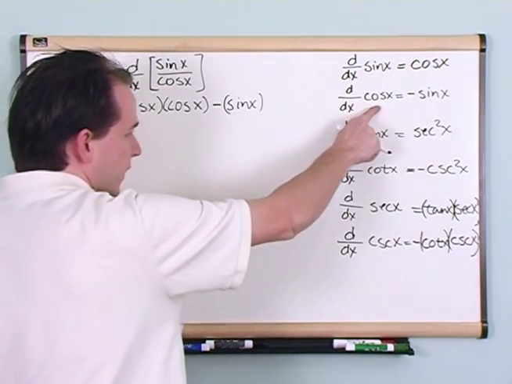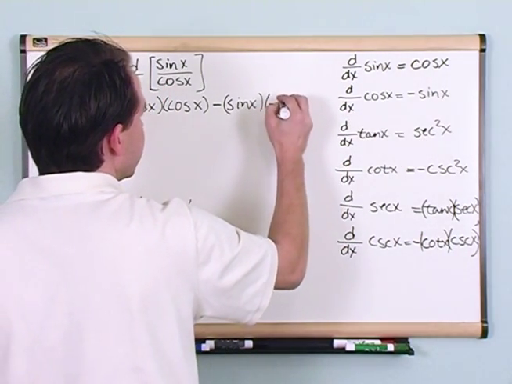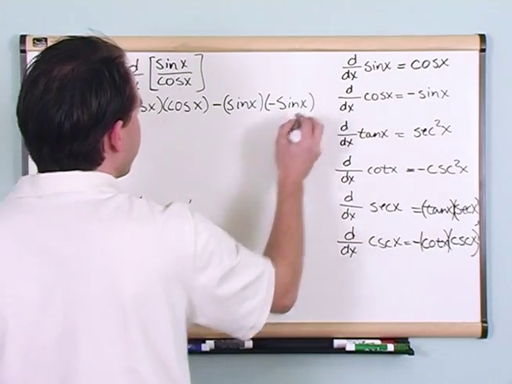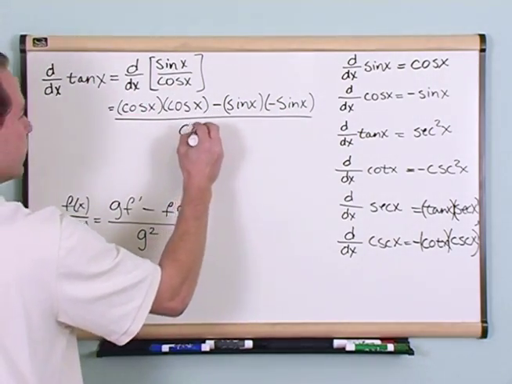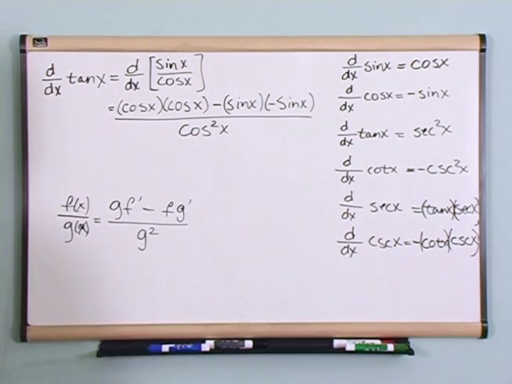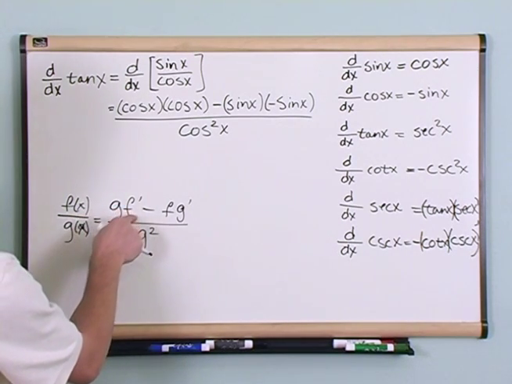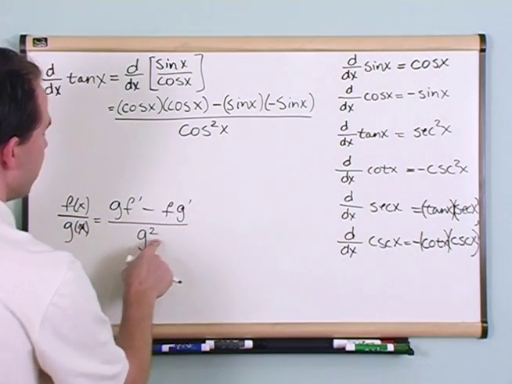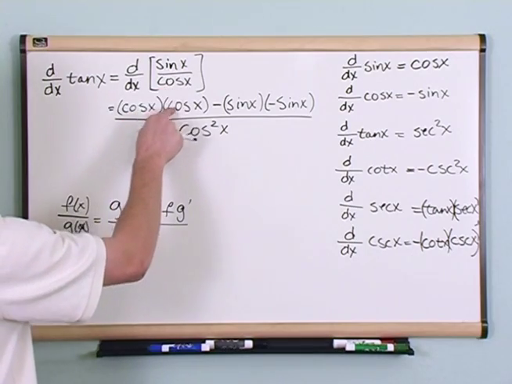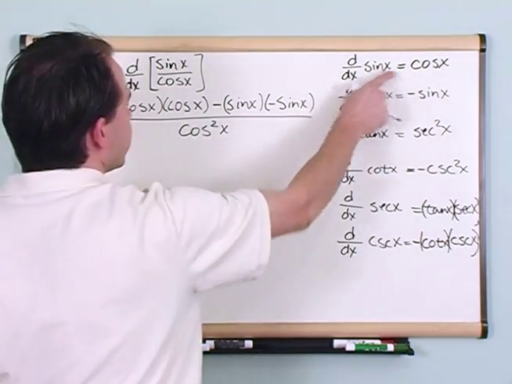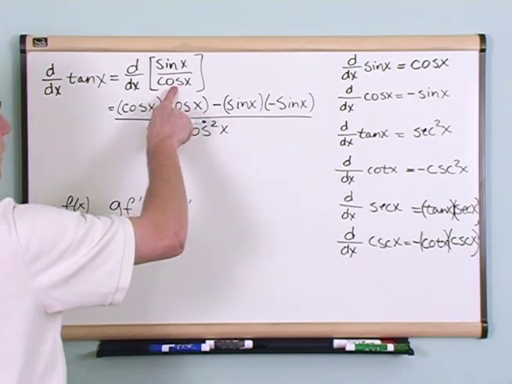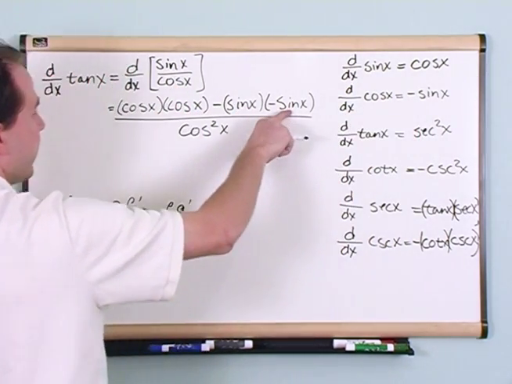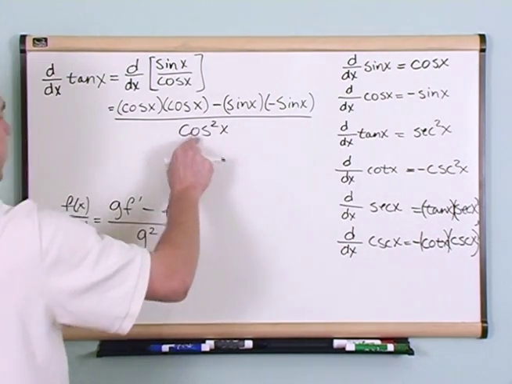The derivative of cosine is negative sine. So it's going to be negative sine here. And all of this stuff is divided by the bottom squared, cosine squared x. So just take a moment and make sure you're with me up to this point. Bottom times the derivative of top minus top times the derivative of bottom over the bottom squared. Bottom times the derivative of the top, derivative of sine is cosine, minus the top, which is this, times the derivative of the bottom. Derivative of the bottom is minus sine of x, divided by the bottom squared.